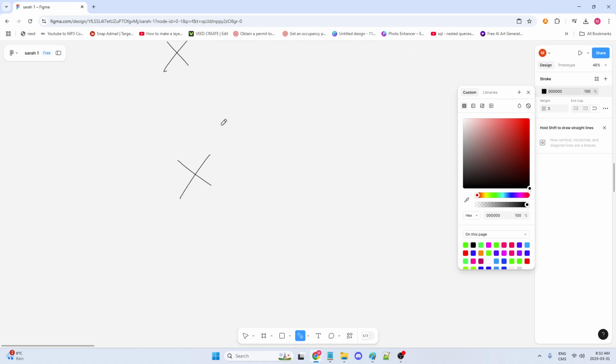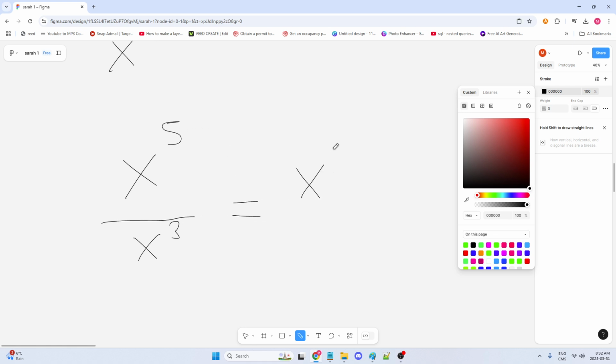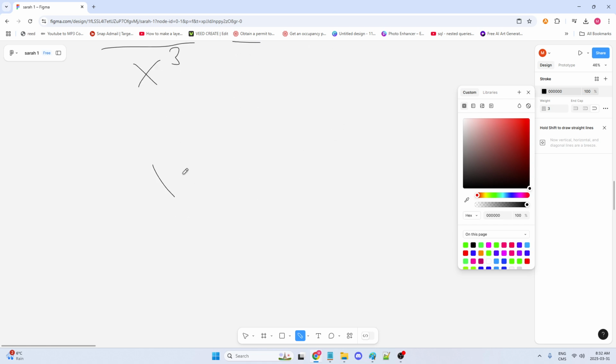You have x to the 5 here, and you have x to the 3 here. Now to solve this is 5 minus 3. So 5 minus 3 is 2. There you go, 5 minus 3, and here's x to the 2. Let's solve another one. You have x to the 10 here, and you have x to the 7 here. How to solve this is 10 minus 7, so x to the 3.